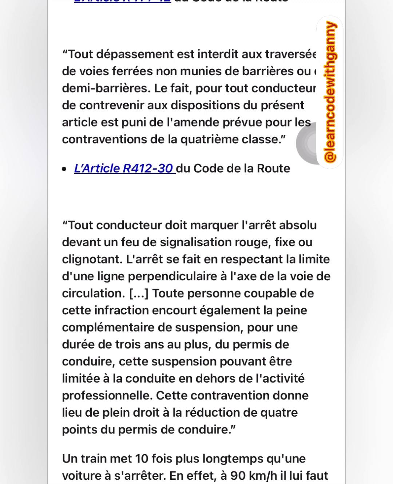Any person guilty of this offence also incurs an additional penalty of suspension for a period of up to 3 years of the driver's license. This suspension may be limited to driving outside professional activities. This contravention automatically gives rise to a reduction of 4 points on the driver's license.